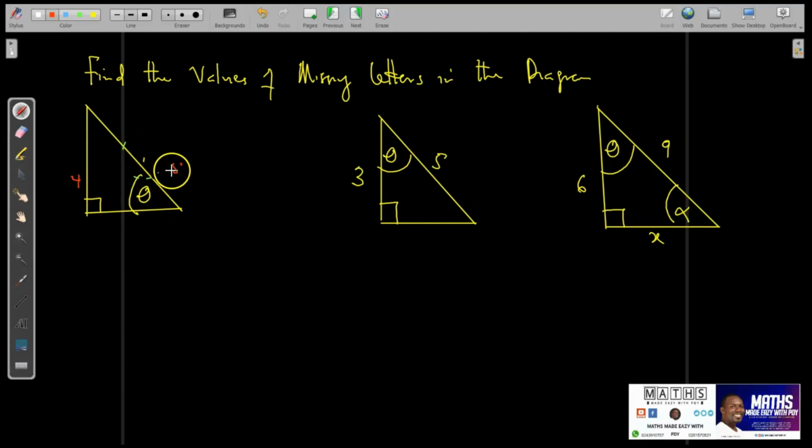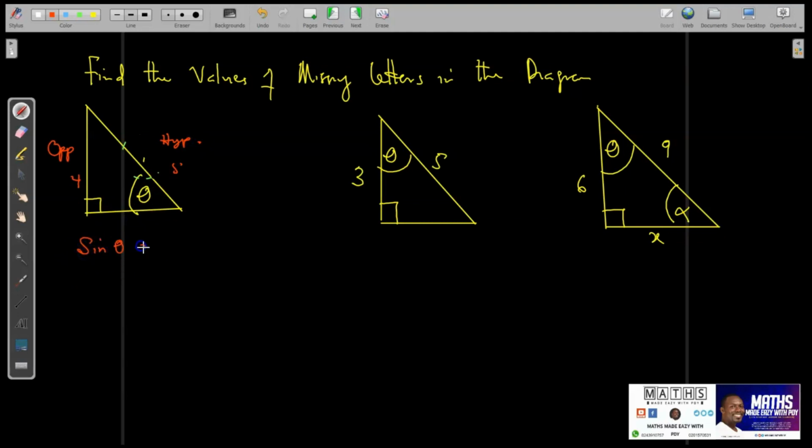And then the 5 is automatically the hypotenuse because the right angle faces the side 5. Hence, we have to use sine because we know the opposite and we know the hypotenuse, and we are supposed to find the angle. So the sine ratio will be appropriate.